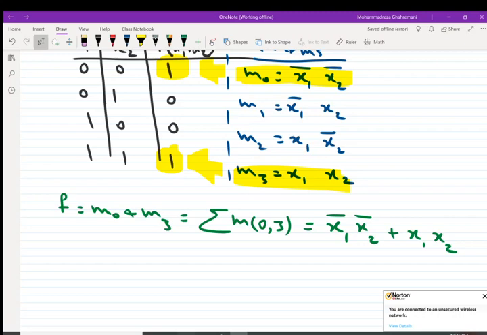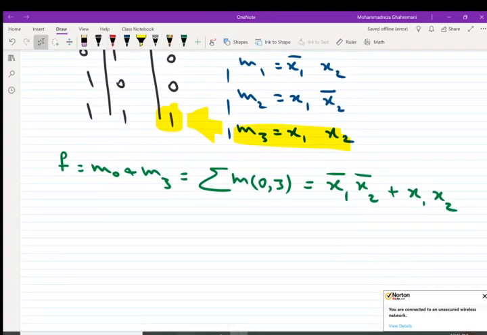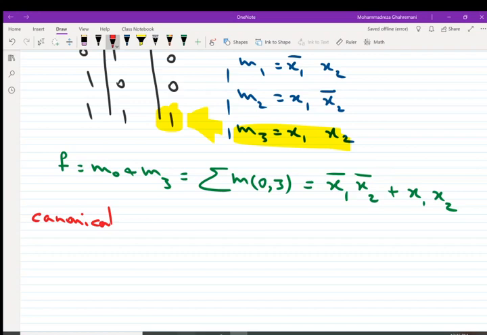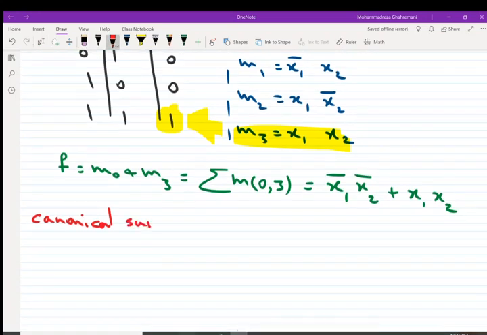Okay, so before moving to the next part, which is product of sum, I want to introduce a new definition, which is canonical sum of product. What is a canonical sum of product?